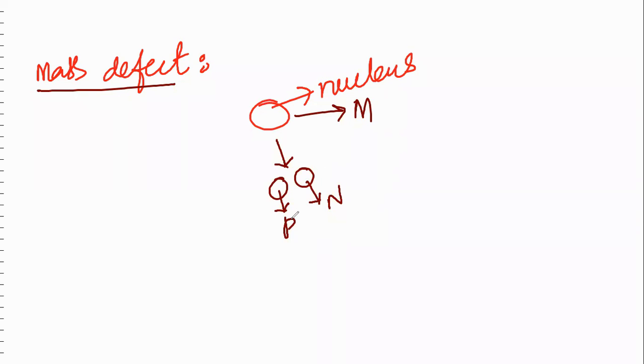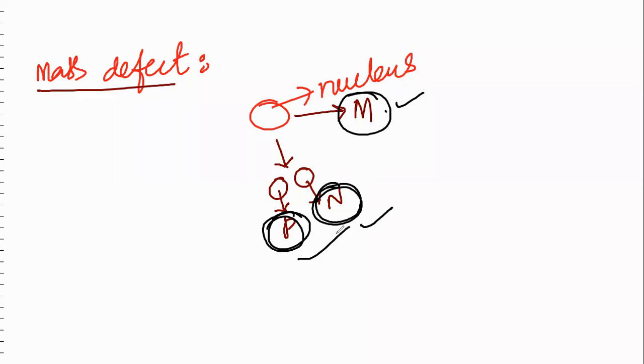Individually, if we measure the mass of the protons plus the mass of the neutrons, it does not coincide with the mass of the total nucleus. The mass of the individual nucleons is more than the mass of the nucleus. The difference in that mass is called the mass defect.